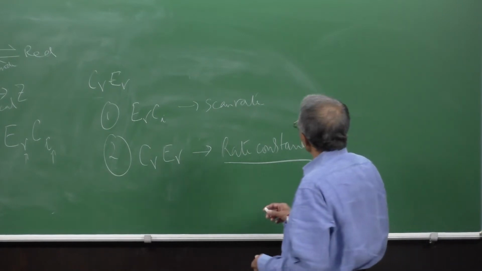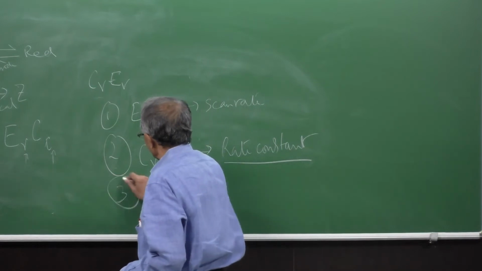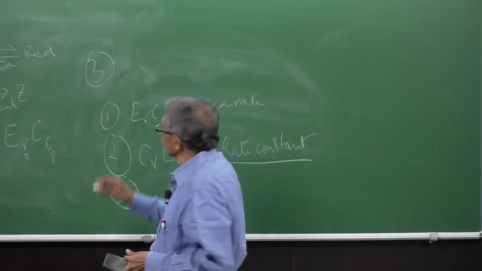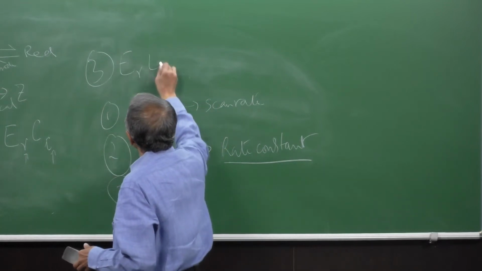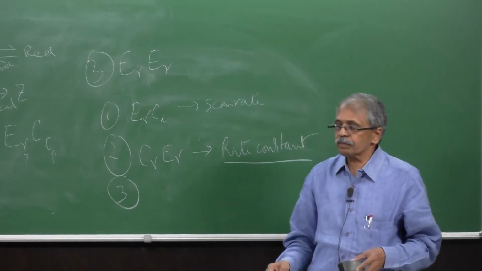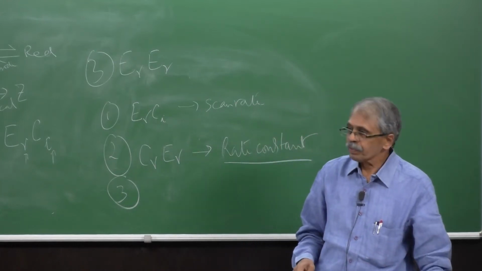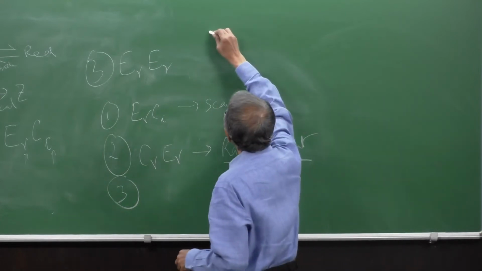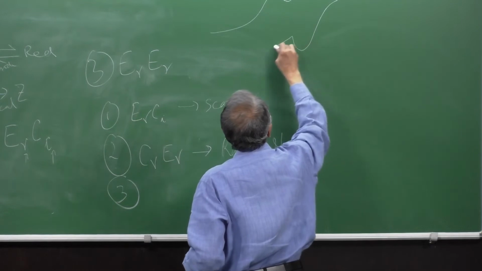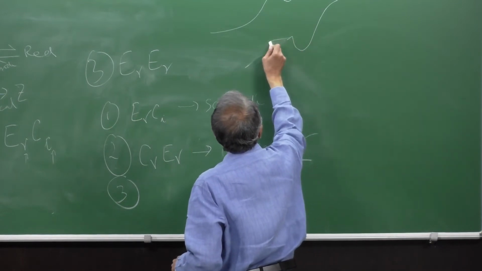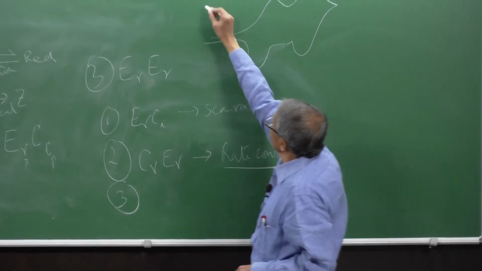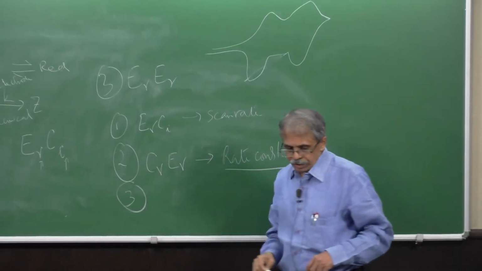And the third one is the 2 steps of ER. That means electrode reaction reversible, electrode reaction reversible. So that means you basically have 2 reactions, 2 couples, and then you are talking about the reversibility of these.